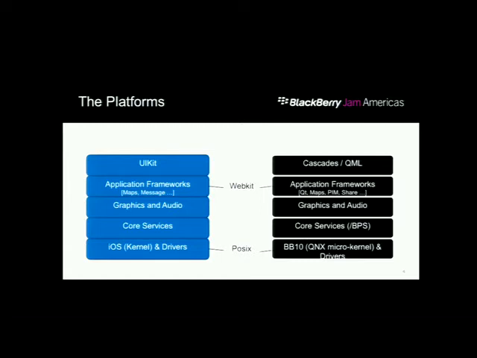So let's talk about native applications. Essentially, after the user interface, there are application frameworks on which we need to rely, and these include Maps, iMessage, and there's the equivalent for BlackBerry 10, and we need to map those out and see the corresponding services that exist on both platforms.